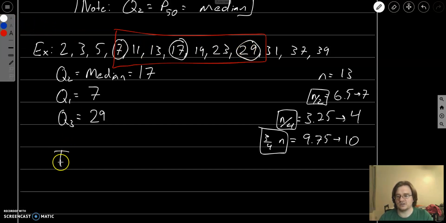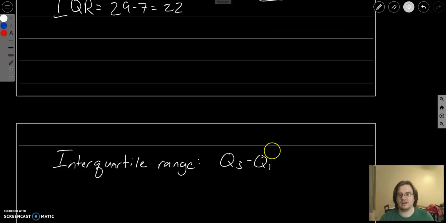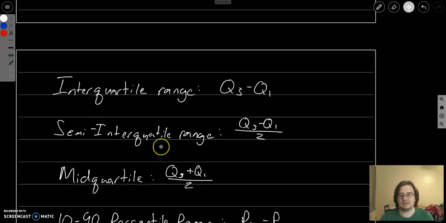So the interquartile range will be 29 minus 7, which is 22. The semi-interquartile range, the prefix semi normally means half, so it's just half of this range. And what's called the mid-quartile is the halfway point between the third quartile and the first quartile.